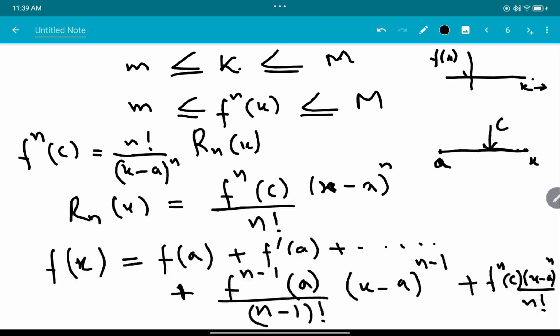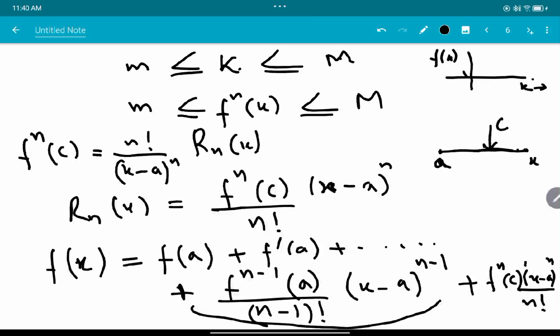Let me clarify this first. In Taylor series there are infinite terms. When you write these terms, 1, 2, up to n minus 1 terms, you could have written the nth term as well, or n plus 1th, n plus 2, n plus 3rd term, but whatever is left after the last term that you write, and the series does not end here.